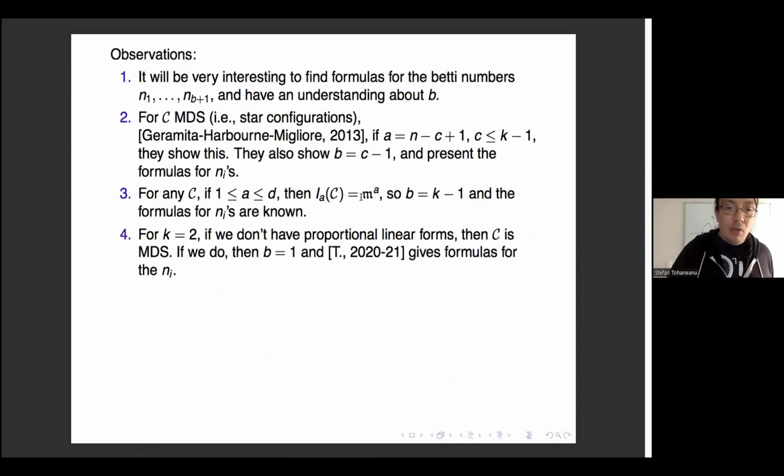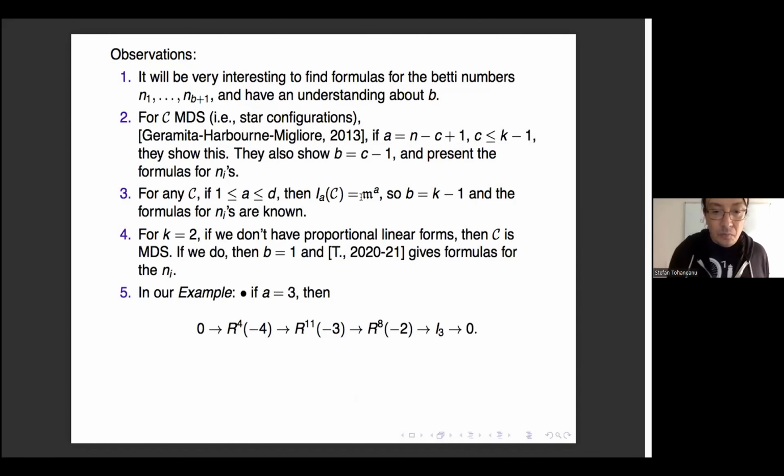For K equal 2, again, so only in 2 variables, we can get the information that we want. In our example, these are the linear graded free resolutions that we get.